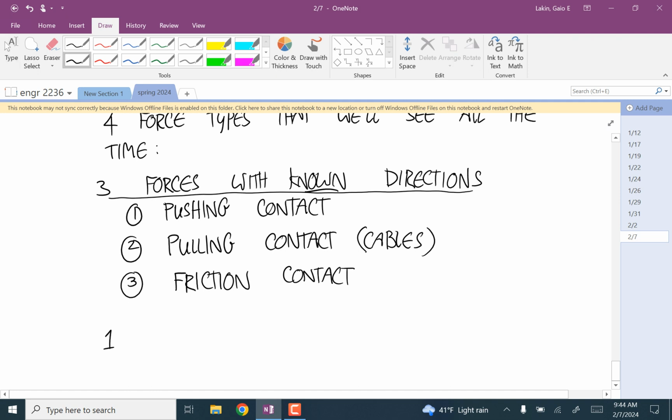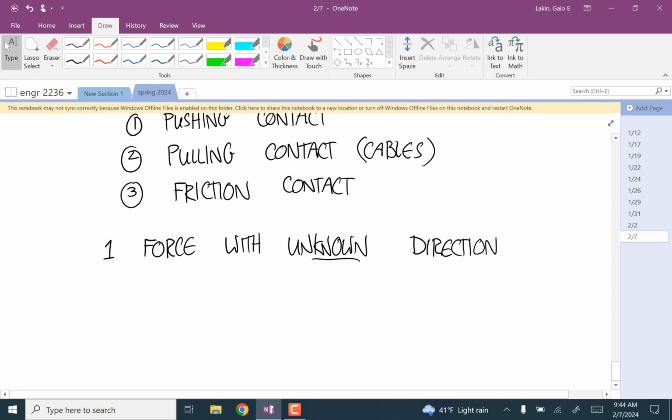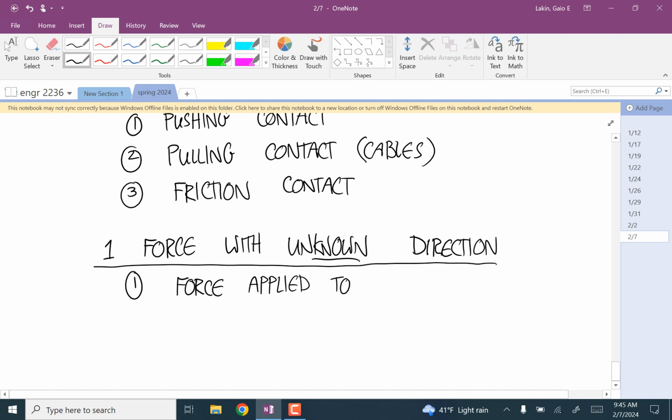And then there's going to be one force with an unknown direction. And that is just going to be the force applied to a body by a pin.